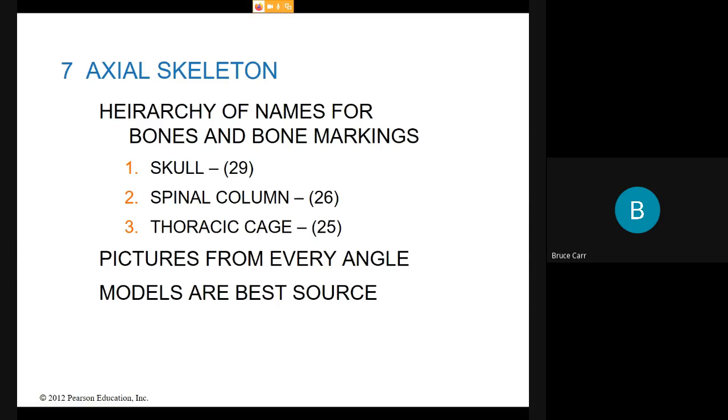The axial skeleton, like everything else in science, is going to be arranged in hierarchies, categories that hold a number of elements, and each of those elements may have subdivisions. So in order to understand the axial skeleton, we first have to name what is there. The skull actually contains 29 bones.